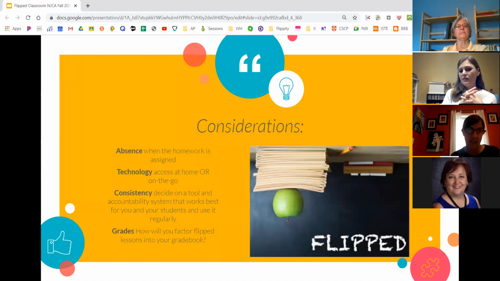So, a few considerations when it comes to the flipped classroom. Absence is still an issue, because if a student is absent when the flipped lesson homework is assigned, they come back into class the next day and you want to have them apply this new concept to some sample sentences, or whatever the second part of the lesson is, and they're like, I don't have the notes.